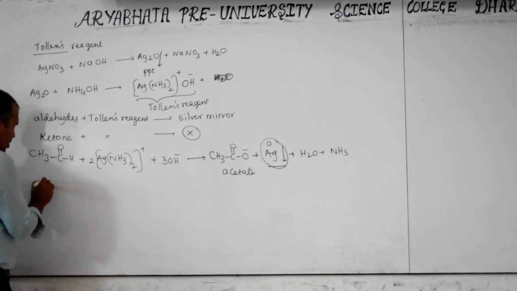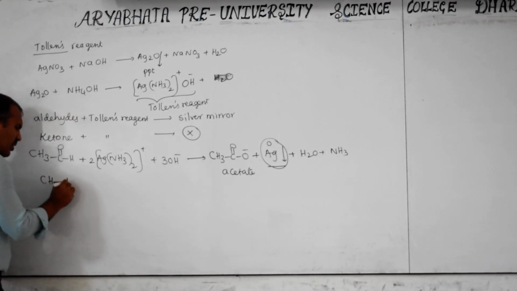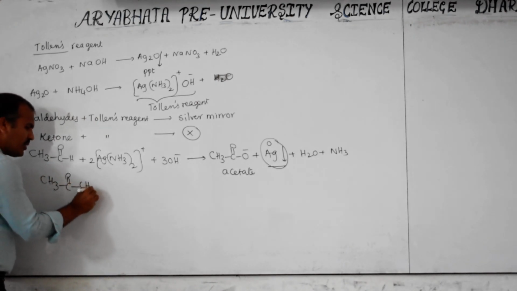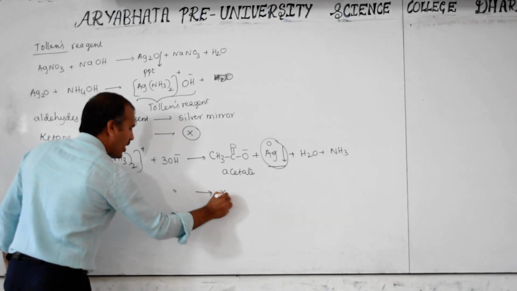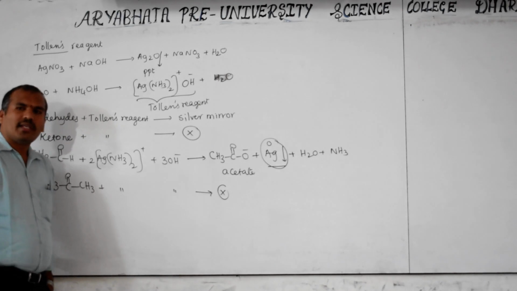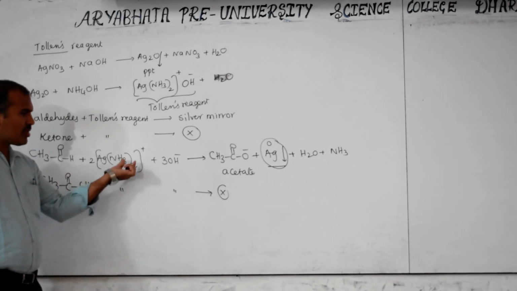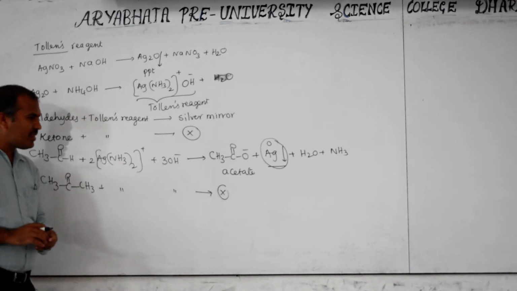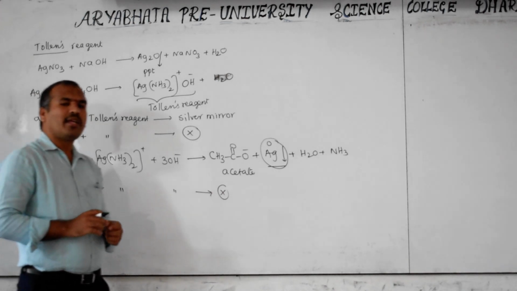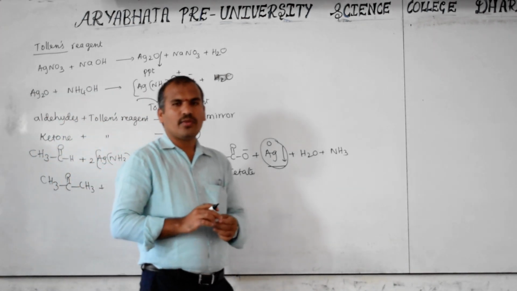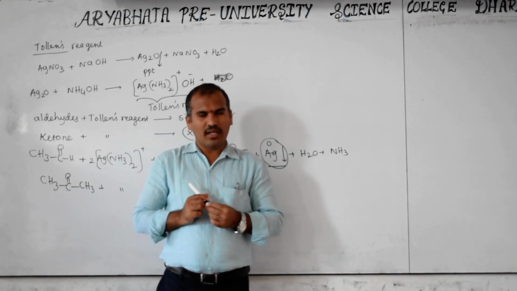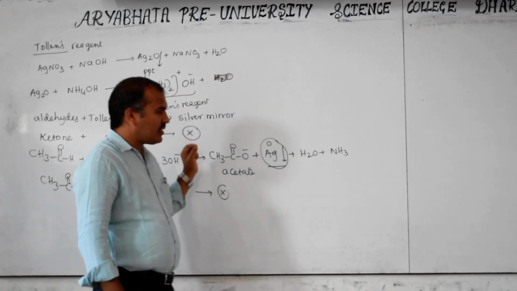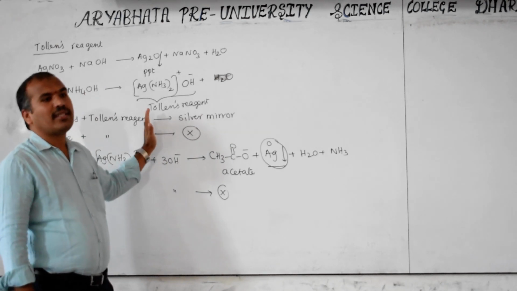If you take the ketone, CH3COCH3, with the same Tollens reagent, then there is no reaction. It gives a negative test. Reason: I already told you that KMnO4 in acidic medium and K2Cr2O7 in acidic medium are good oxidizing agents, so they can oxidize the ketone under drastic conditions.